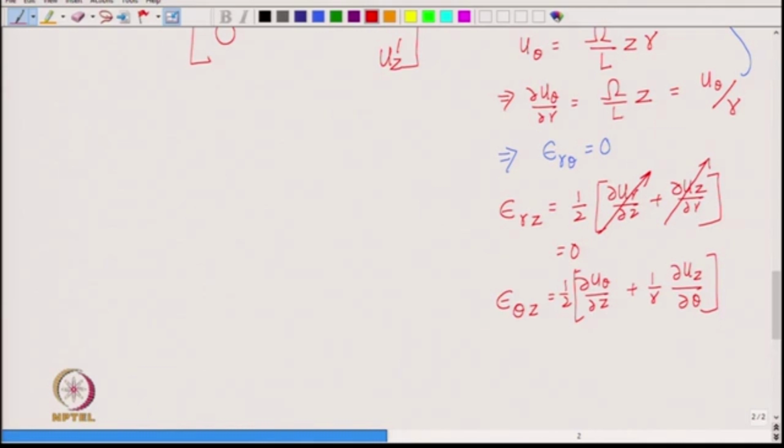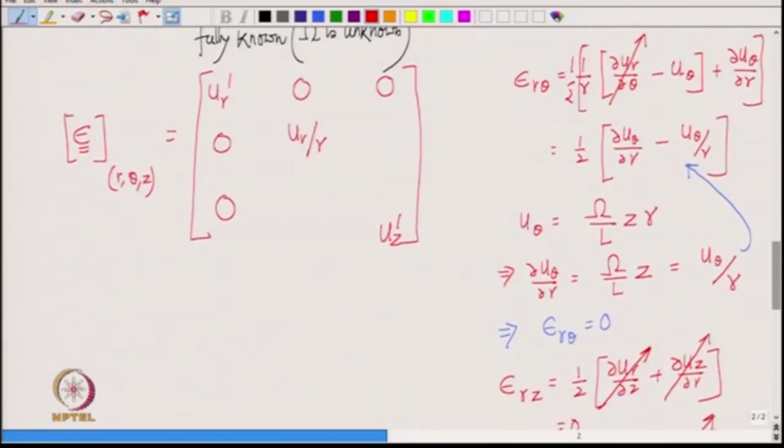But u z is only a function of z, so this is gone and we simply have half of del u theta by del z, which from the formula for u theta becomes omega r over 2 L. So, we can write here omega r by 2 L. Very good, so we have gotten the strain matrix.